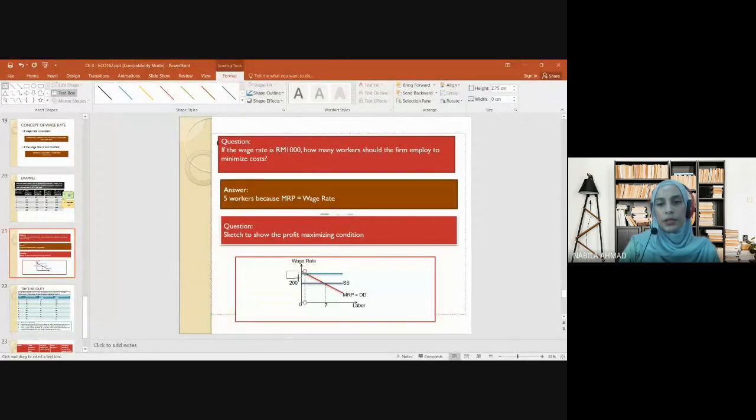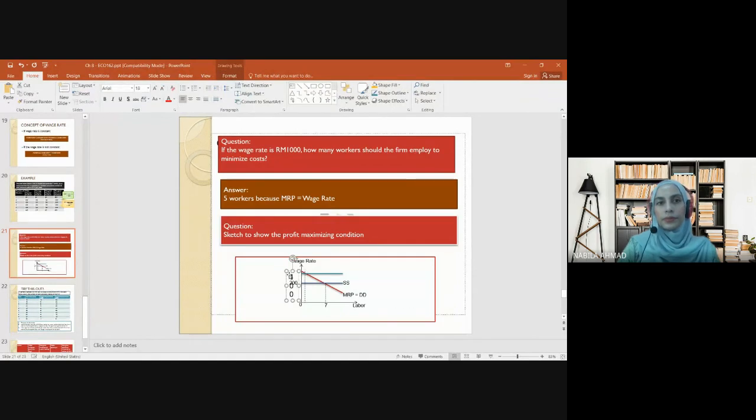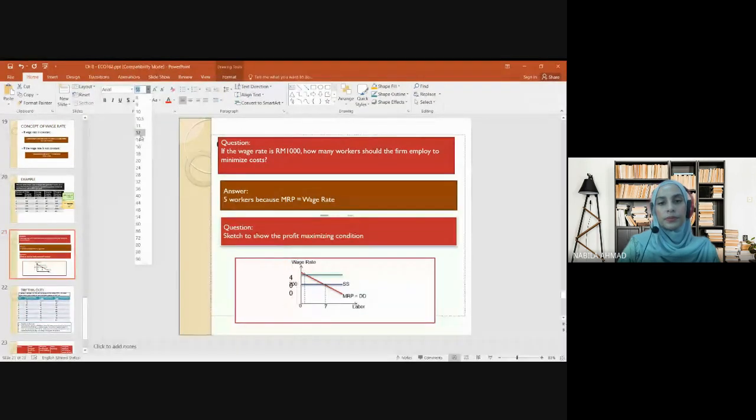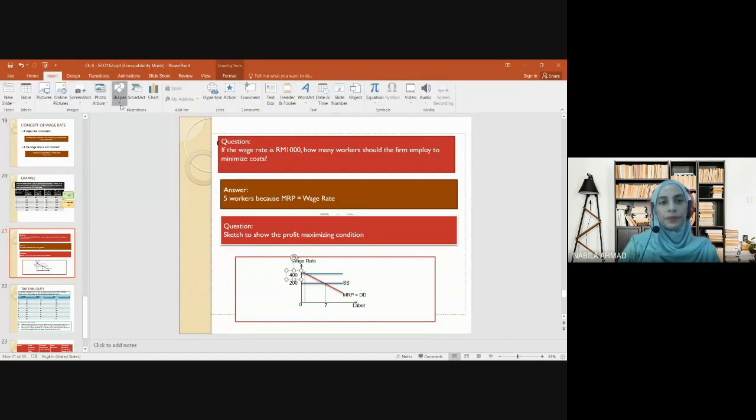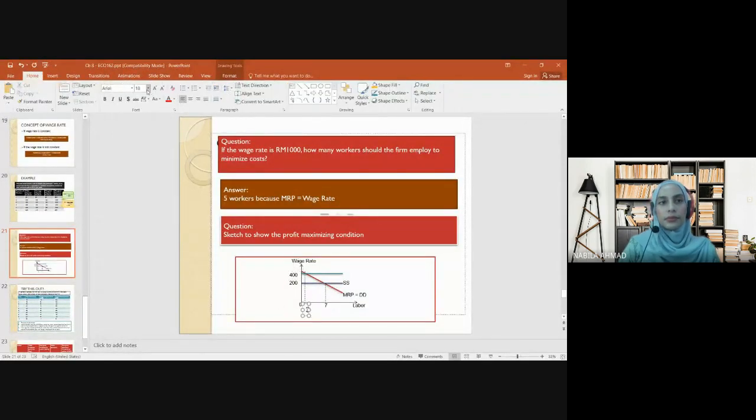So tadi berapa? 400. And then kita punya number of labor 3 sahaja. Okay, nampak? So 400, maknanya di sini number of labor telah menurun daripada 7 ke 3.